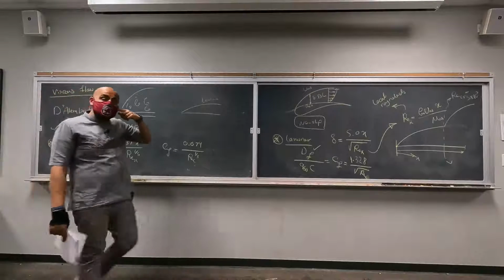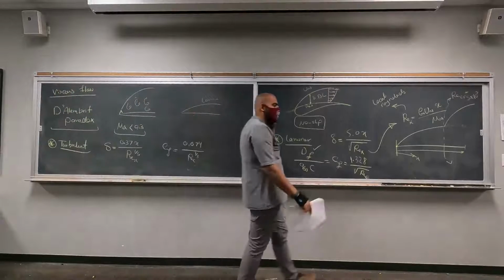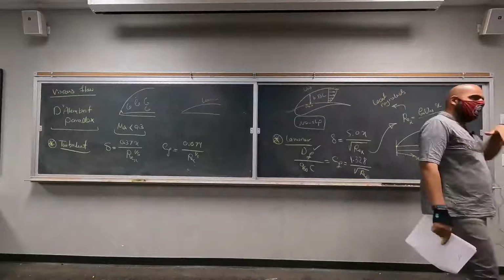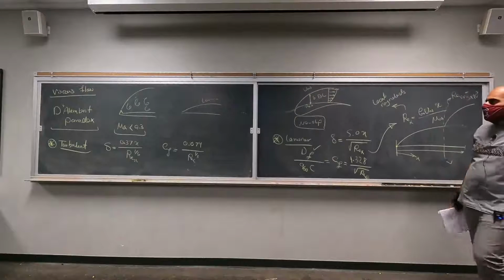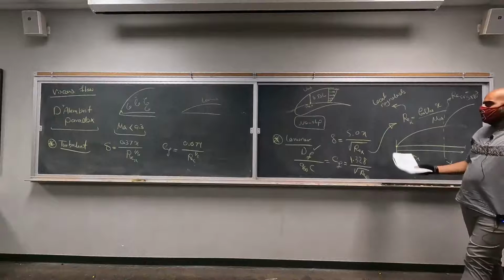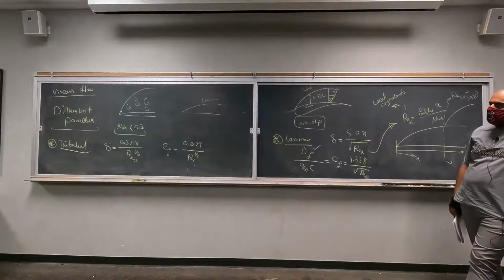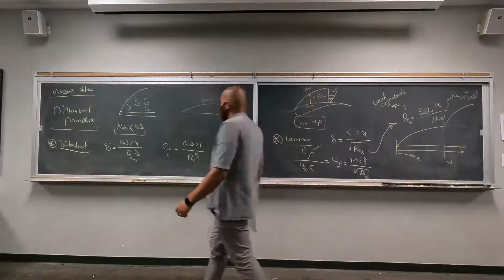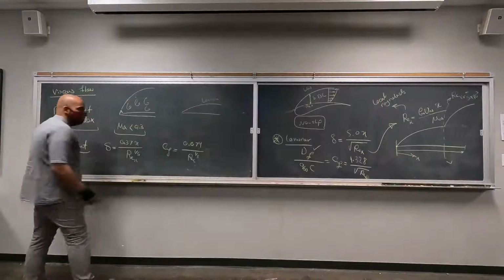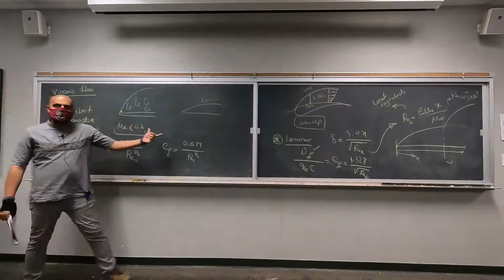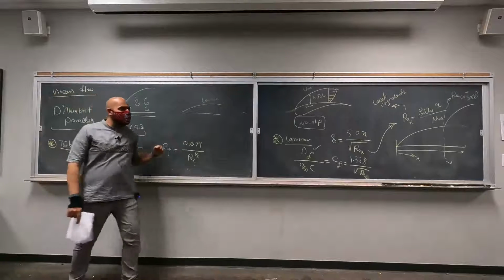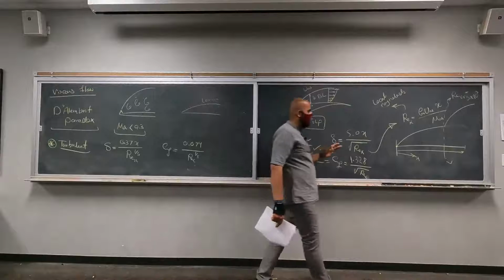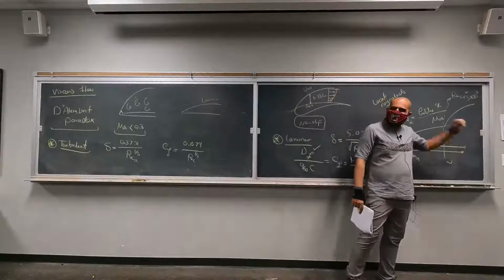You are intentionally transforming your flow to turbulent flow, which is a useful concept in a lot of different cases, and a harmful thing in a lot of other cases. So the equations we have only work for these two, and do not really work for the case when we have transition.